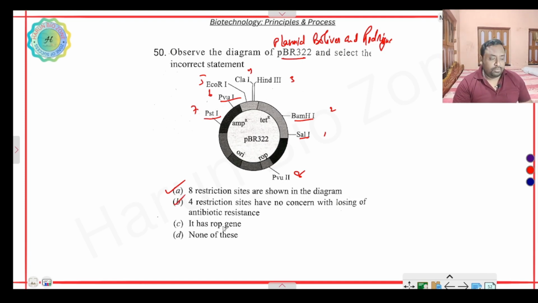It has the ROP gene. What is the ROP gene? ROP gene is a repressor of primer.